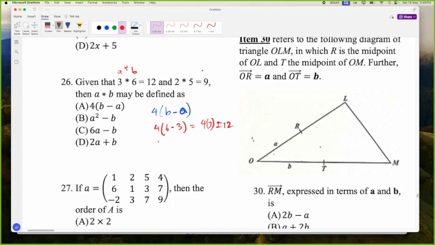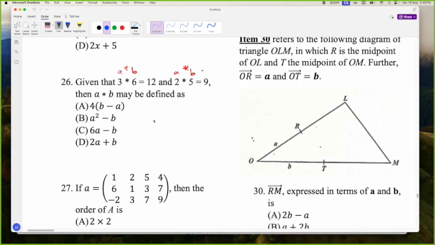Does it work for this one? A is 2, B is 5. 5 minus 2 is 3, times 4 is 12. So you didn't get 9. It worked for the first one, but you were supposed to get 9 for the second one, and we didn't. So it's not the first one.